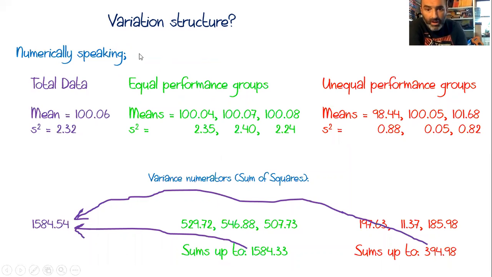So, if you just look at the numerators of these variances, what are you going to do? 232 multiplied with the 670-ish something gives you a total sum of squares, the variance numerator, of 1584 something.